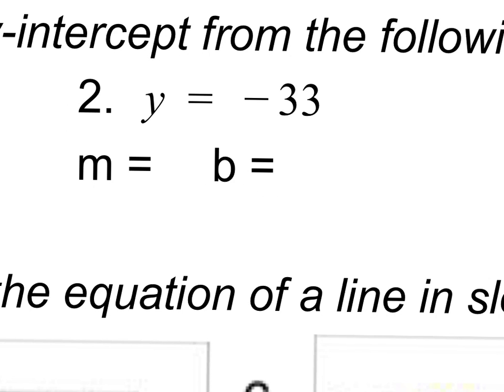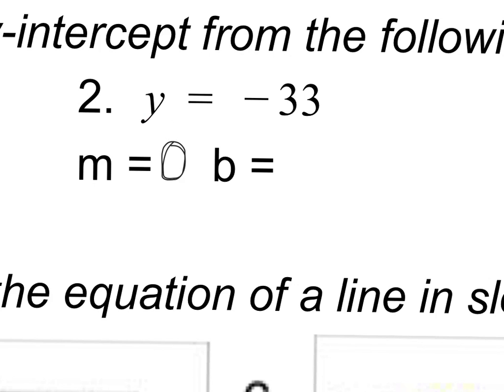Well, number 2 has a little bit of a challenge. What is that challenge? You're missing something. What you are missing is that all you have is y equals negative 33. I do not see an x with it, and since I do not see an x with it, that means our slope is going to be 0.